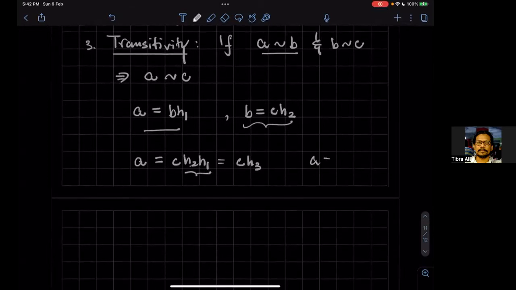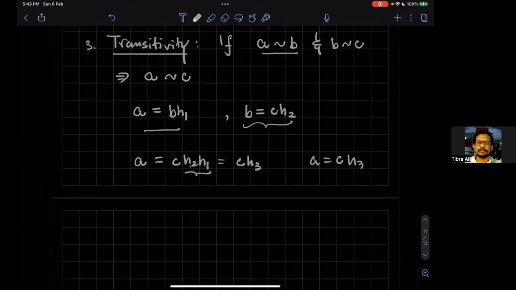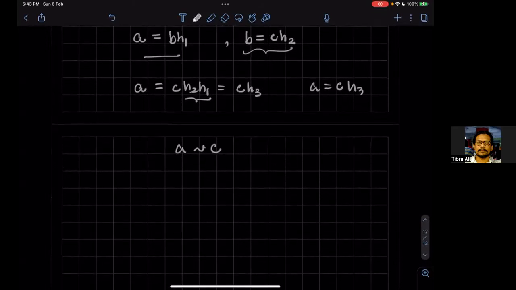So A is equal to CH3, and therefore A is equivalent to C. So we have shown that the coset construction is an equivalence relationship.